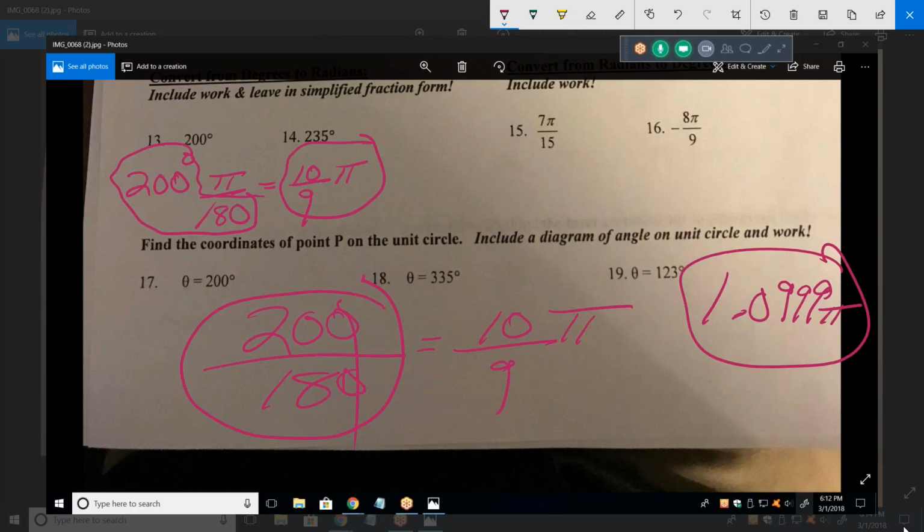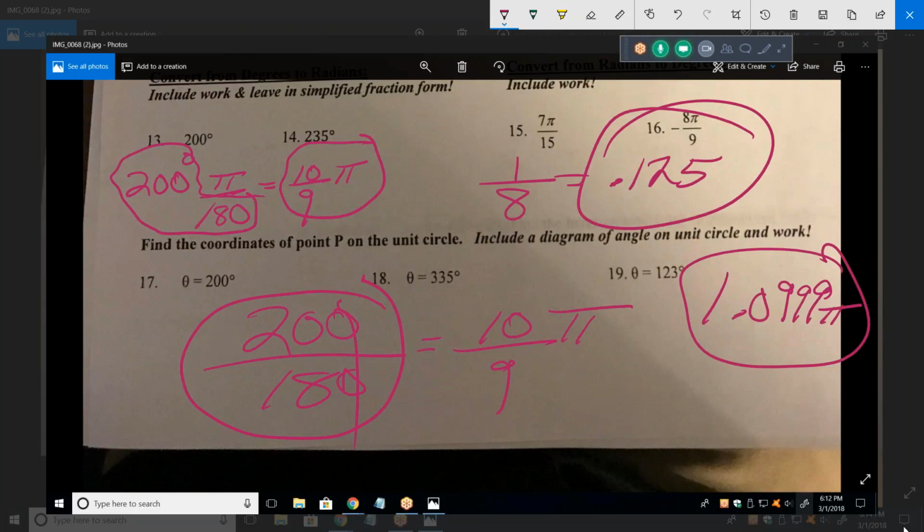Not unless you have one of those calculators that takes your decimal answer and converts it to a fractional answer for you. Do you have one? And do you know how to do it? To take a decimal answer and convert it to a fractional answer? No, I did not know how to do that. What kind of calculator do you have? TI-84. There is a key on there that will turn that 0.125 into 1/8.